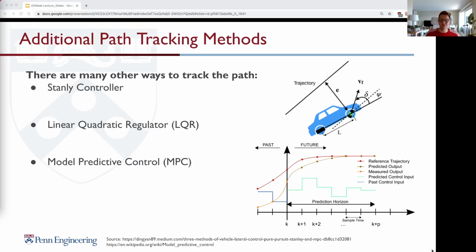Of course, this is just a simple algorithm, and we are not at the end here. You have a lot more algorithms you can choose from. One is the so-called Stanley controller. You see here an image on the right side. Currently what we are doing, we're trying to find the next waypoint. The Stanley controller, for example, is trying to minimize two errors. Number one, you see here the error E, which is the distance error to the raceline.